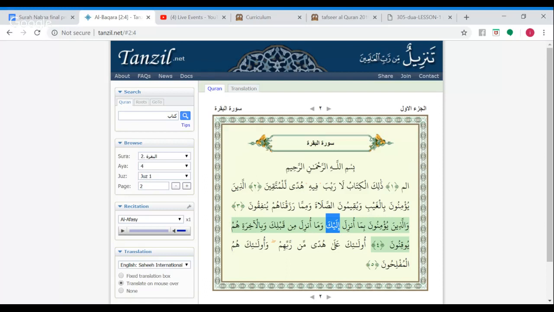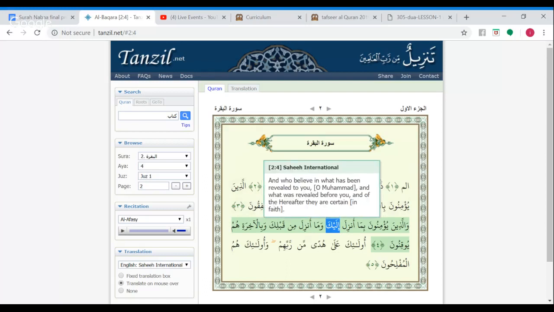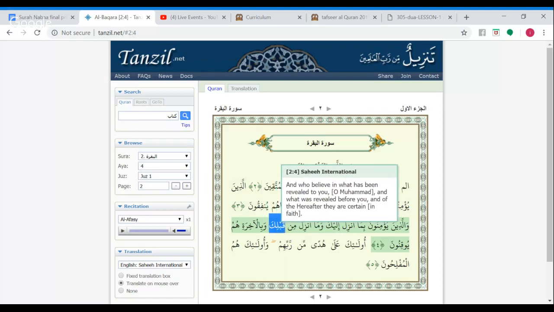Tell me what is going on with the qablika. Qabl is the word that we have done, isn't it? Qablika, before you. Qabl in the idafa. I want you guys to go back to your notes and look at the kinds of idafa, when we learned about some special mudaf, and then the mudaf ilayh comes.